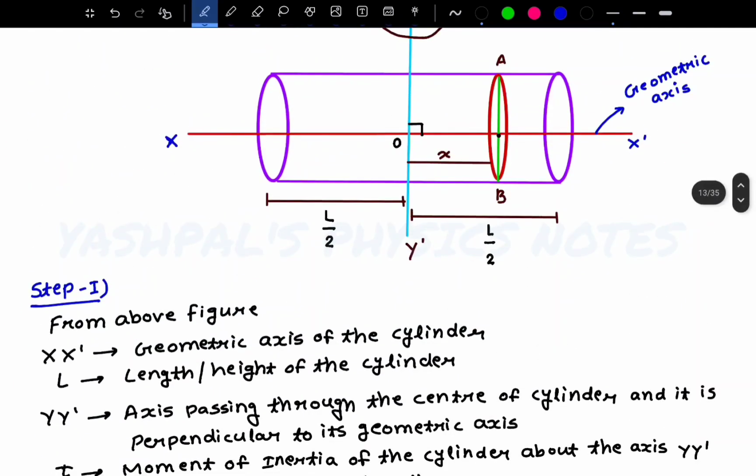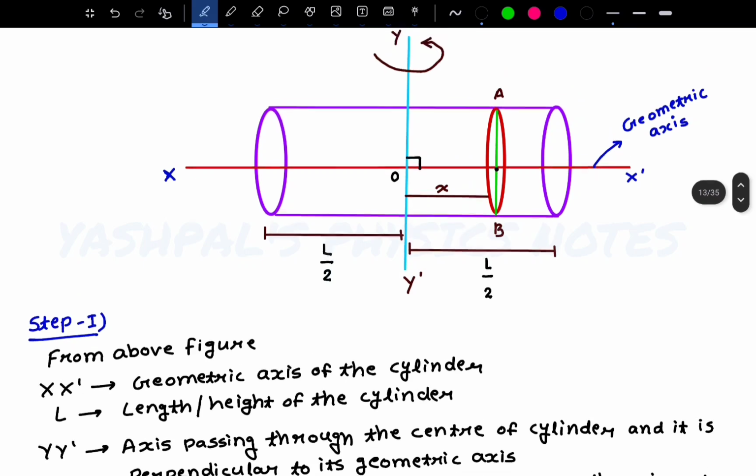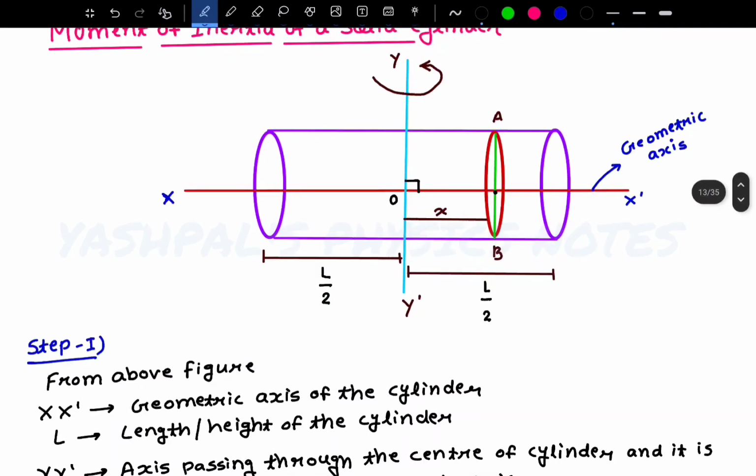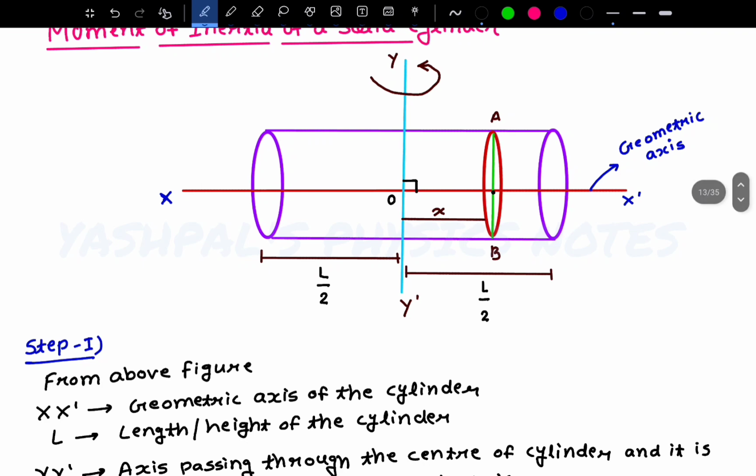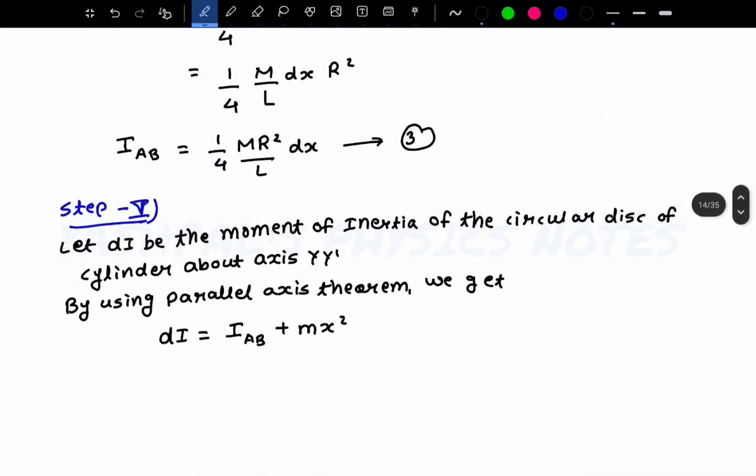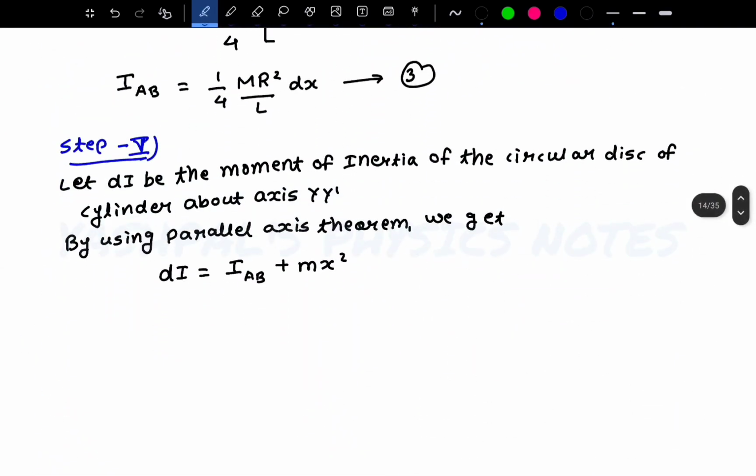So dI is the moment of inertia of the circular disc about this y dash axis, which will be equal to the moment of inertia of the circular disc about its diameter, that is I AB, plus m, the mass of this circular disc, and x, the perpendicular distance which is separating these two axes, that is AB axis and y dash axis. So according to the parallel axis theorem I have written this formula.